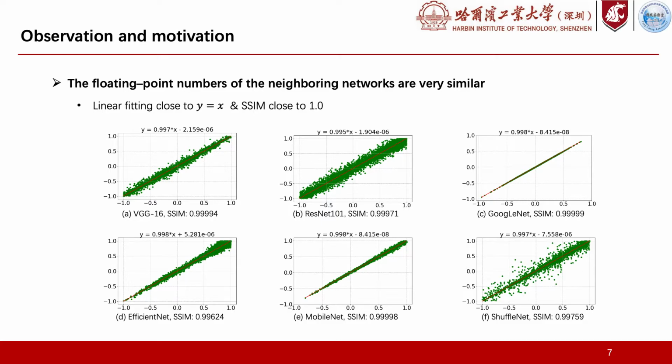Besides, we use a metric called structural similarity, SSIM, that is widely used to measure the similarity of two matrices like DNN parameters, also shown in this figure. We can observe that the results of the linear fitting are very close to y equals x, and the values of SSIM are very close to 1. So we believe that the floating-point numbers of neighboring networks are very similar.